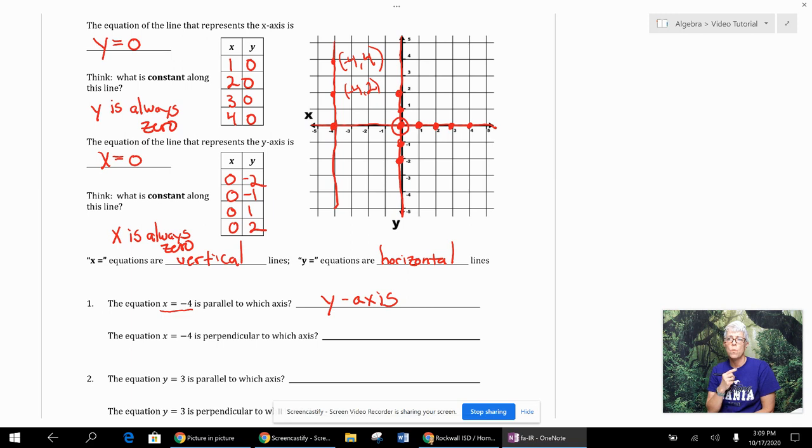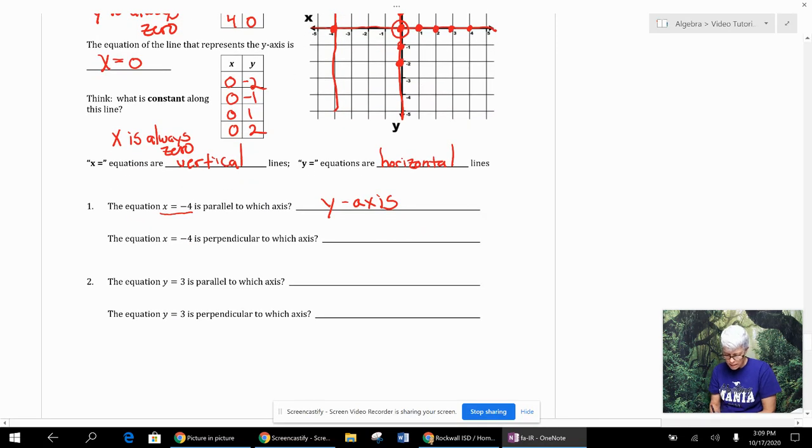So what do you think all the y lines are going to be parallel to? That is correct. They're all going to be parallel to the x-axis. I kind of got ahead of myself here. Let me write it right here because there's another question in between. I almost forgot. x equals -4.